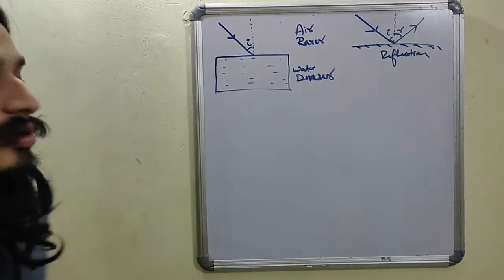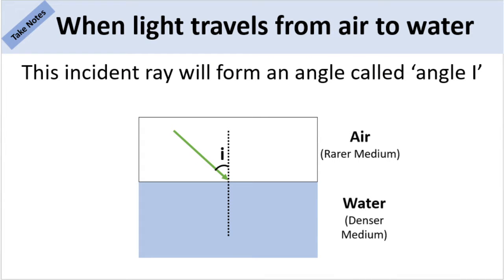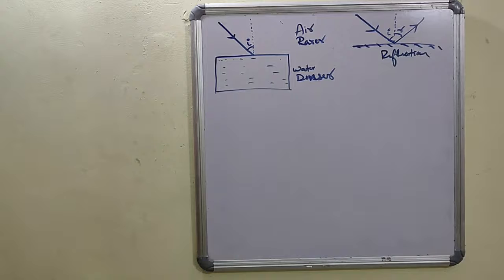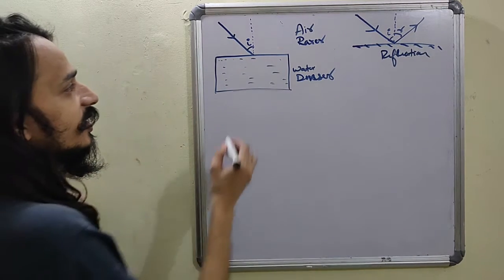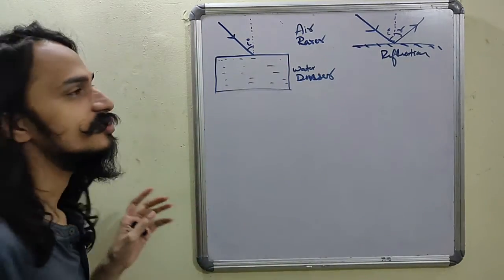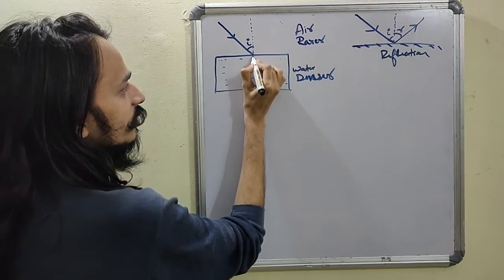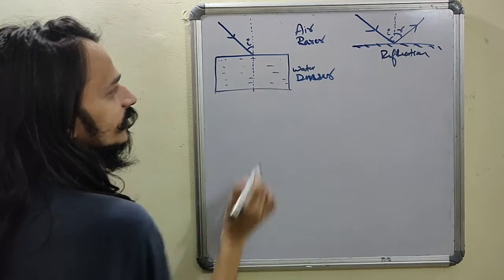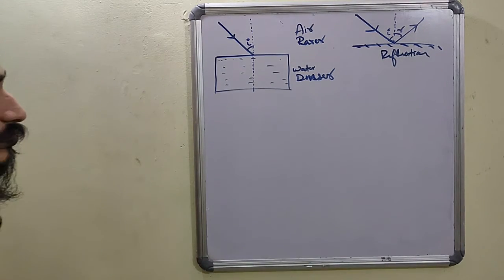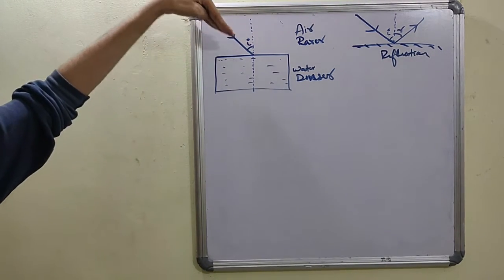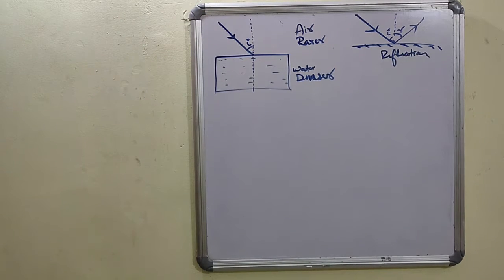Correct? But over here, the light is not going to bounce. I will continue this normal all the way down till here. What is happening to light is it's moving through the water.